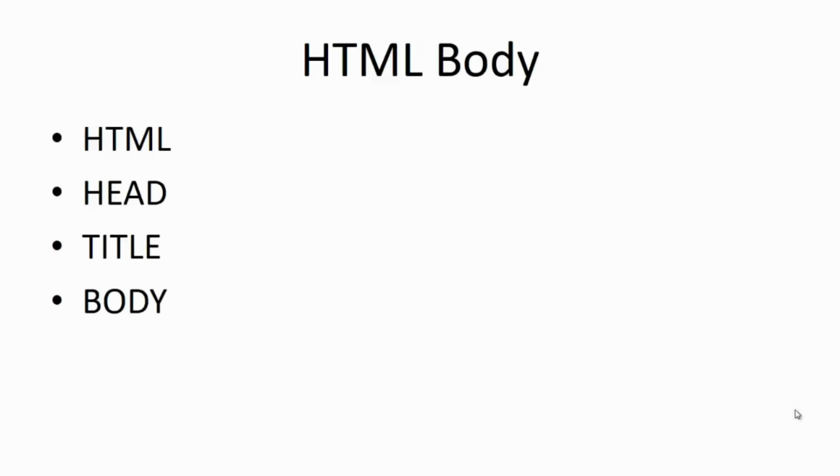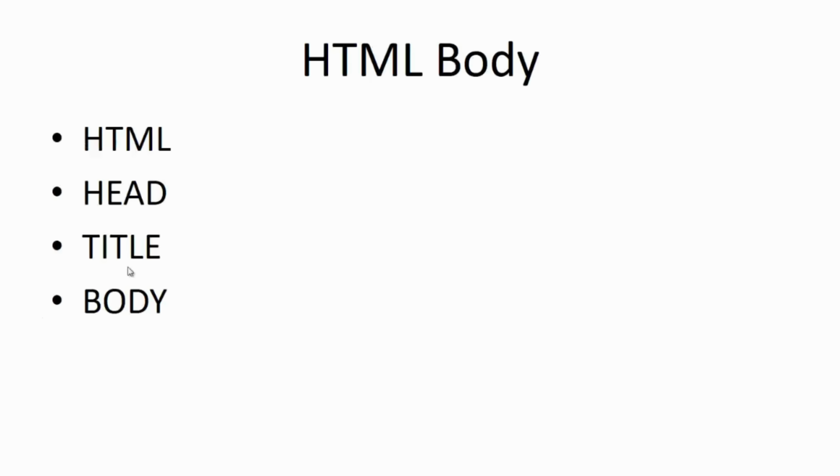Now, before I move on to video number 2, we are going to talk about the basic structure of an HTML body. Whenever you create a new HTML page, at the top you're going to have an HTML tag, and think about it as wrapping around everything. You have the HTML, and then the head, which is right underneath the HTML.